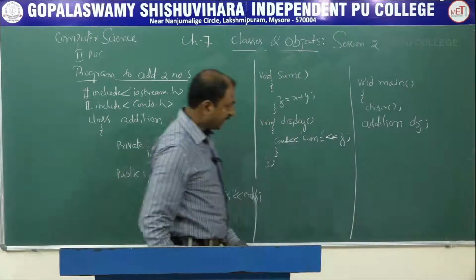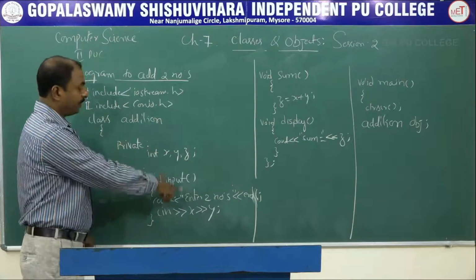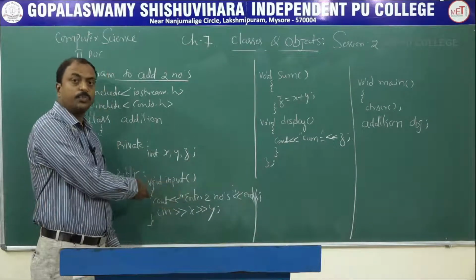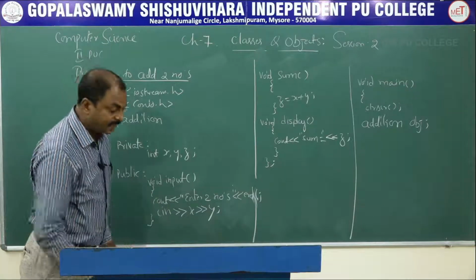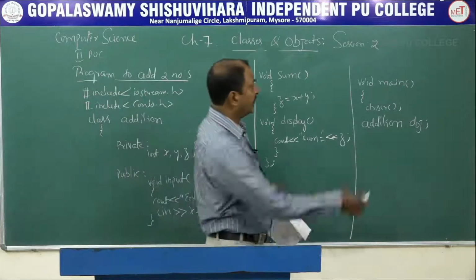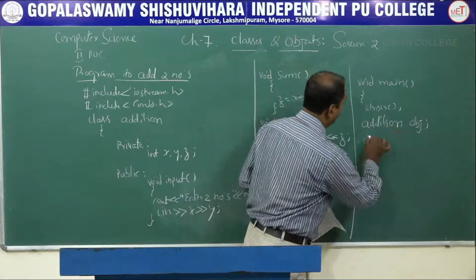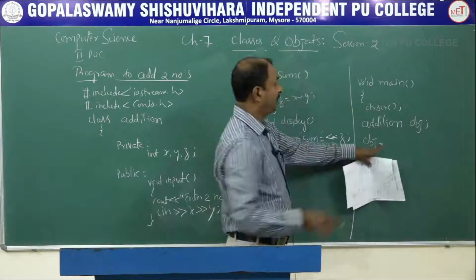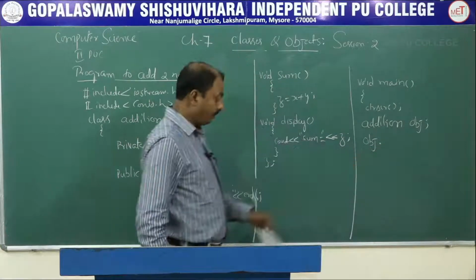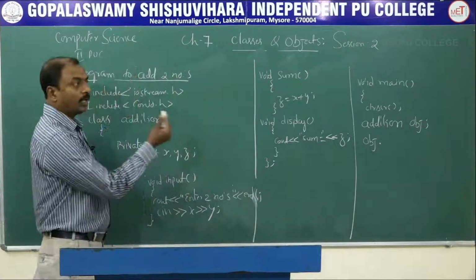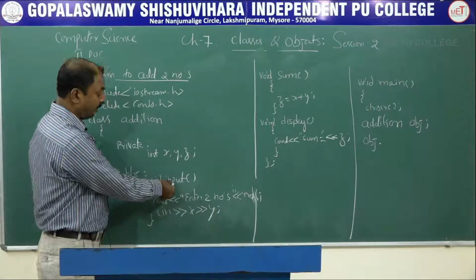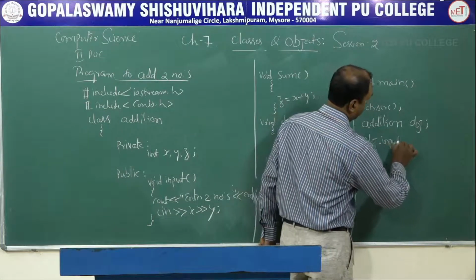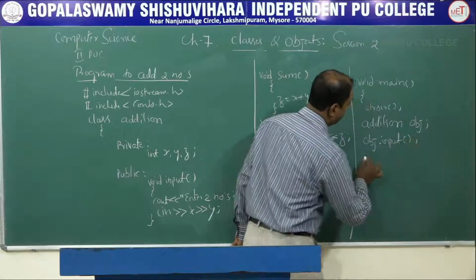Next, how do we access the data members of a class which are declared under public? A few minutes back, I gave a syntax. We access them using the object name and the dot operator, and we call these functions one by one. The first is the input function: obj dot input, semicolon.